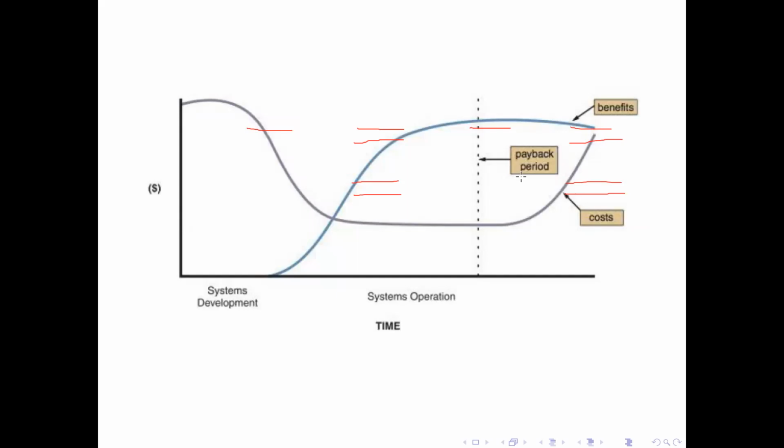I will repeat. In system development, you spend a lot of money early on, and after some time it is actually degrading. In benefits, initially no benefit and it will keep on increasing. So at some point, whatever the area under the curve, let me have red color to mark this part.